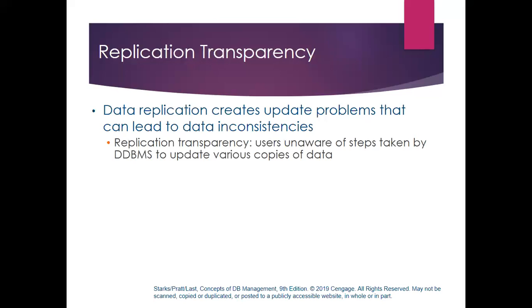The distributed database management system should correctly handle the updating of replicated data. Replication transparency is a characteristic of the distributed database management system that users are unaware of the steps taken by the distributed database management system to update various copies of data.